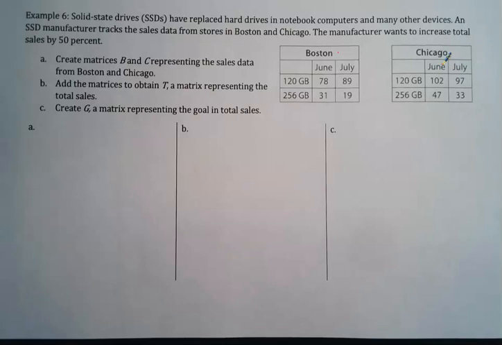So step A says create matrices B and C representing the sales data from Boston and Chicago. That's easy, right? We're just going to put this in a matrix for Boston, and we're going to put this in a matrix for Chicago. Okay, so matrix B equals 78, 89, and 31, 19.